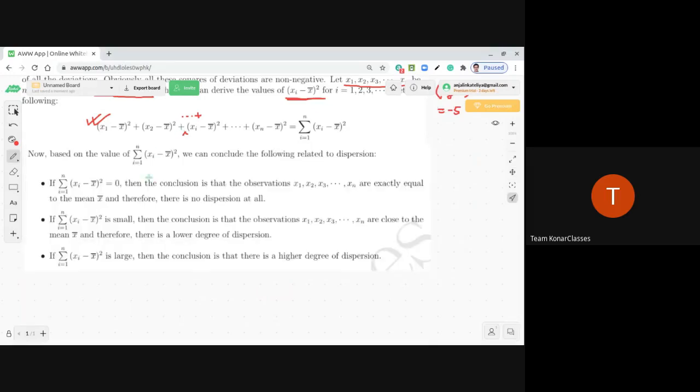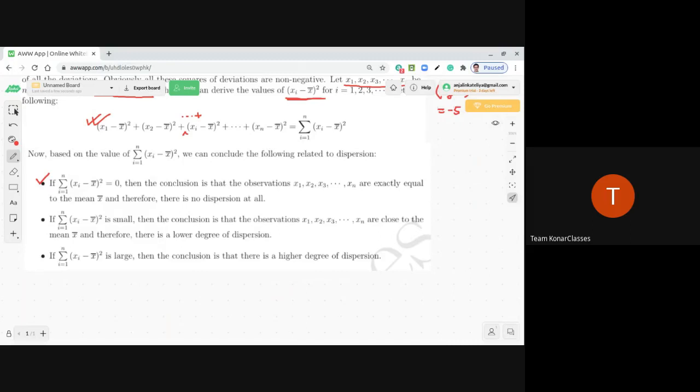Now, based on the value of summation i equal to 1 to n (xi minus x bar) whole square, we can conclude the following related to dispersion. First, if this summation is 0, then the conclusion is that the observations x1, x2, x3 up to xn are exactly equal to the mean x bar, and therefore there is no dispersion at all. Correct?